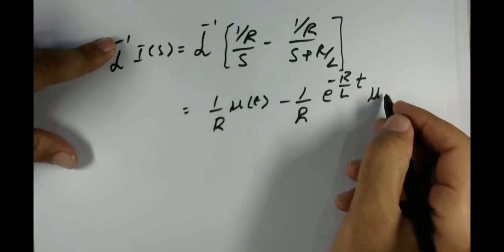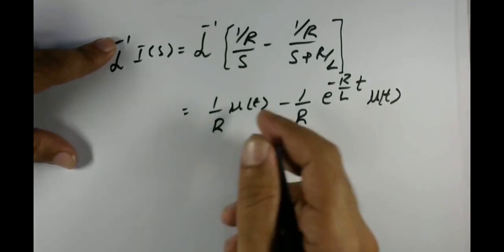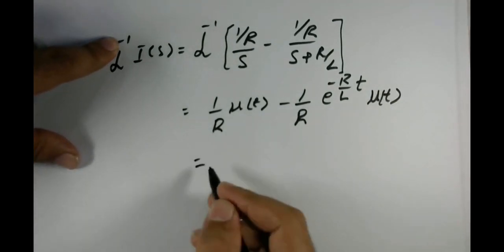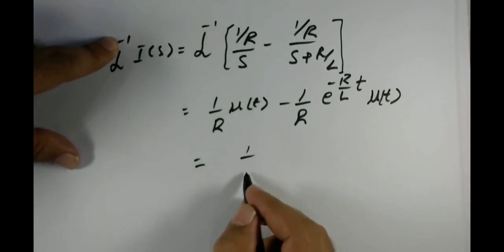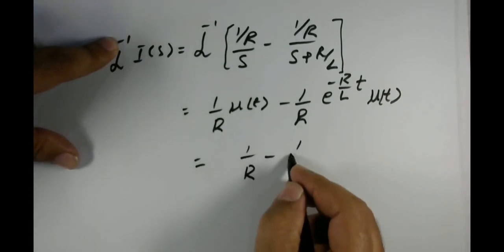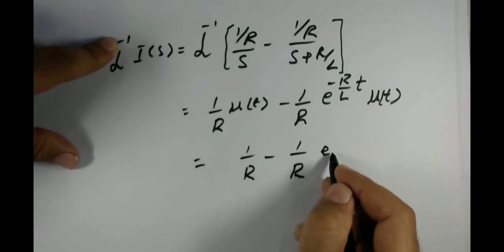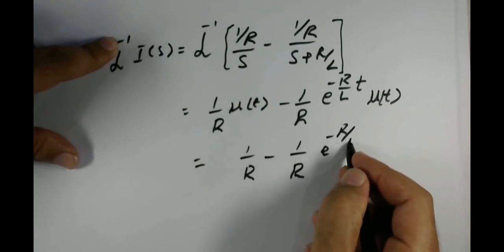Because the system is defined only for positive values, we apply the u of t. You can also write it this way: 1 by R minus 1 by R e raised to power minus R by L times t.